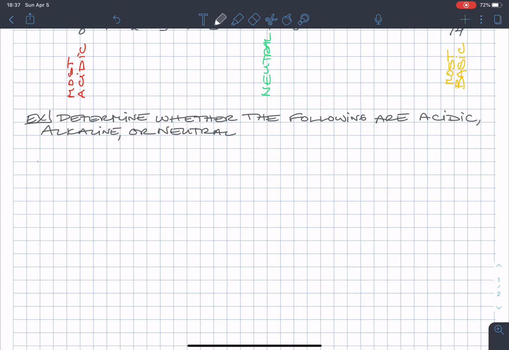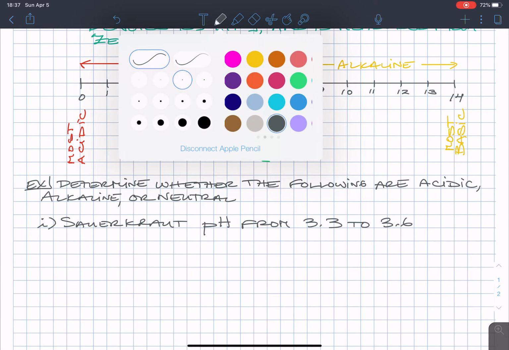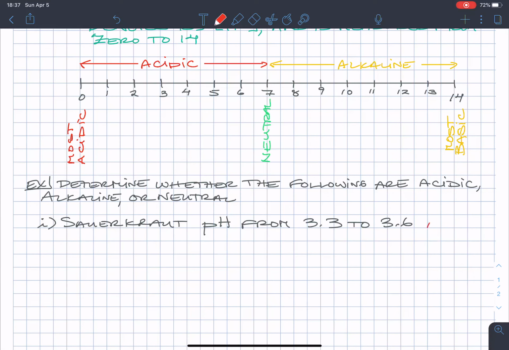Okay, so number 1, let's say we have sauerkraut. A pH from 3.3 to 3.6. Okay, so that's clearly in the acidic range. Agreed? Acidic.